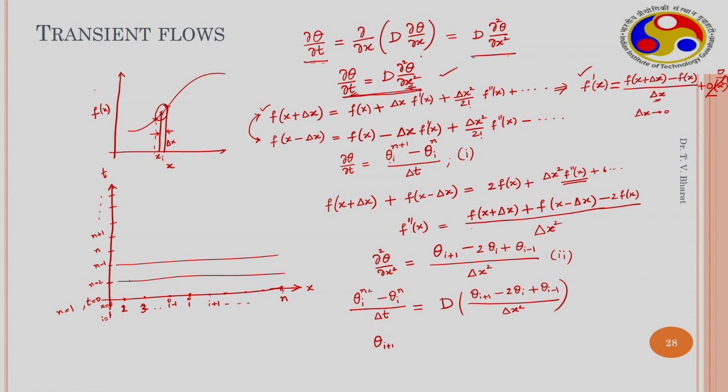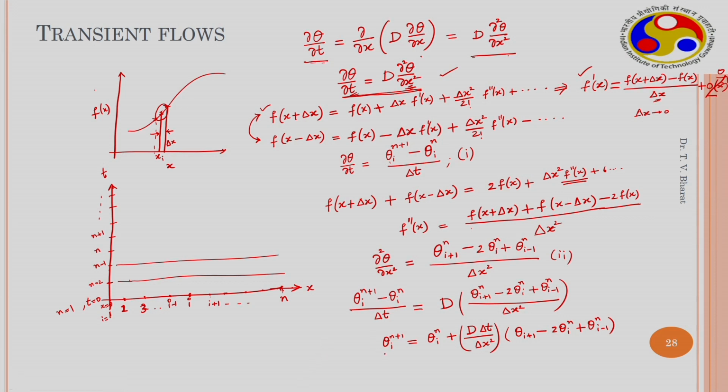So, therefore, theta I at n plus 1 can be written as theta I n plus d delta t by delta x square times theta I plus 1. These are all at nth level. This is my approximation, I am considering these values at nth level, so minus 2 theta I n plus theta I minus 1 n. I choose to consider them at nth level.